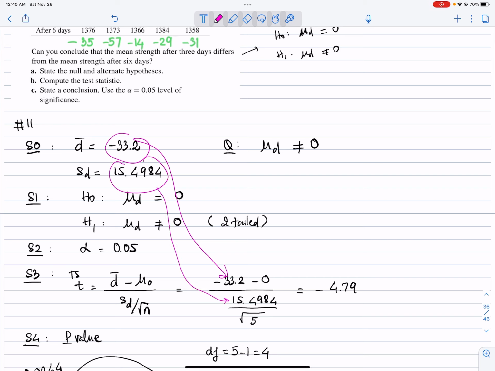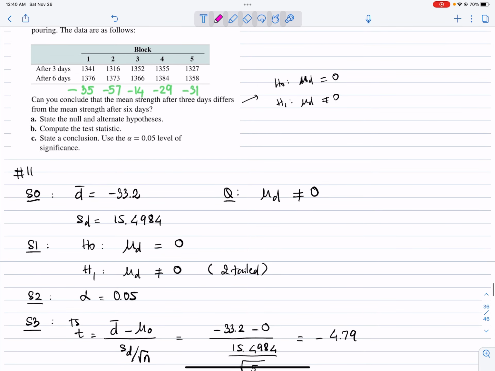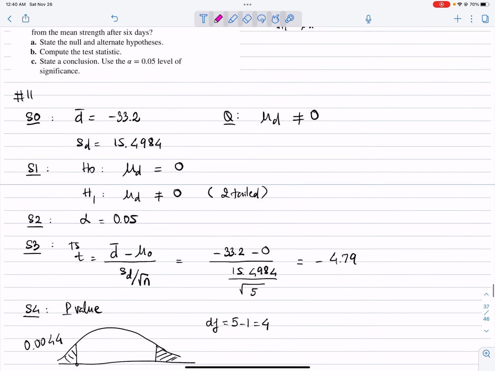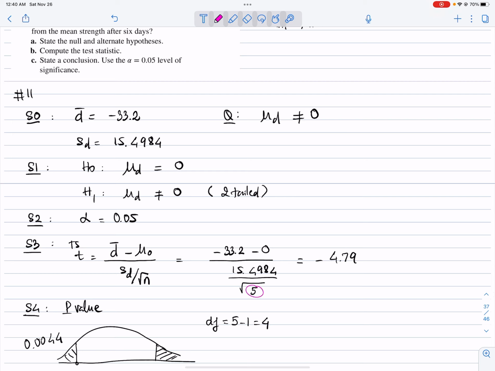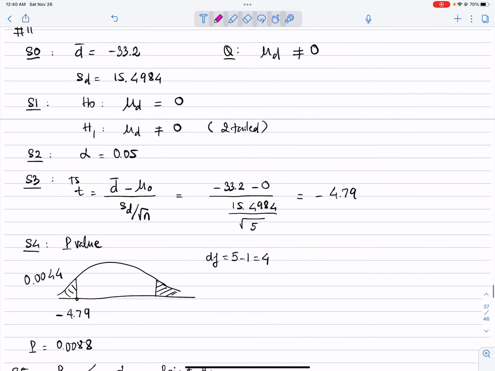We have 5 pairs of data, so this is a matched pairs problem. So n is 5. What about mu naught? Mu naught under the null we use 0. So we got the answer negative 4.79.